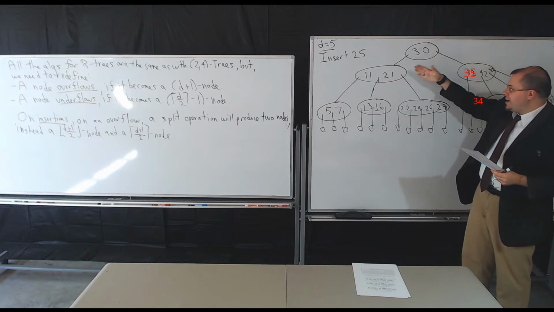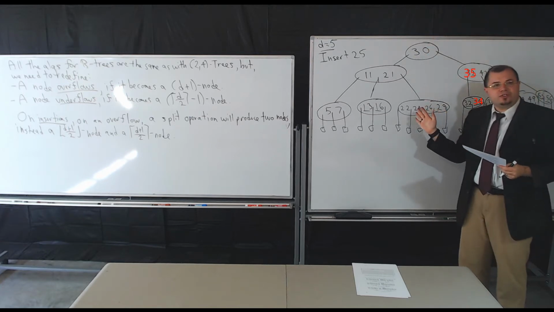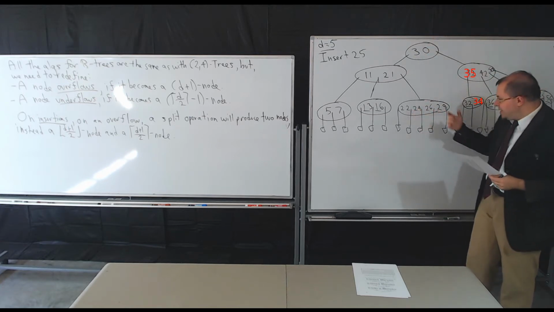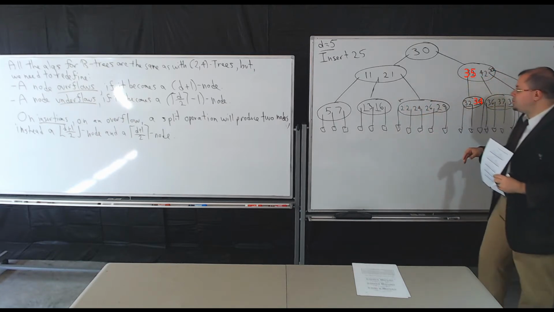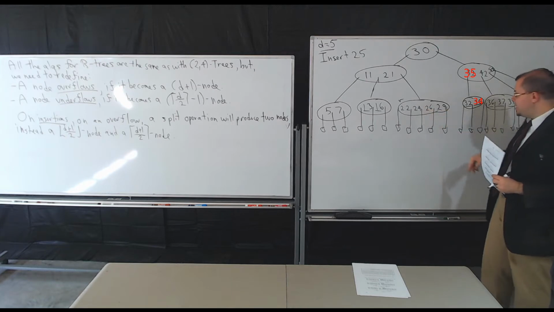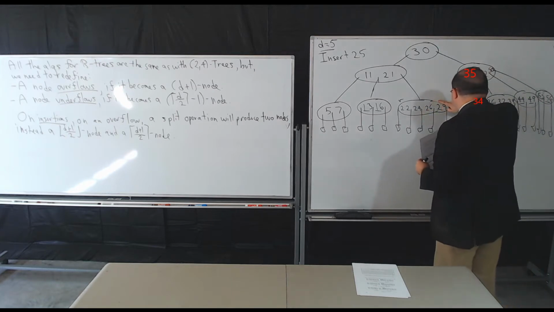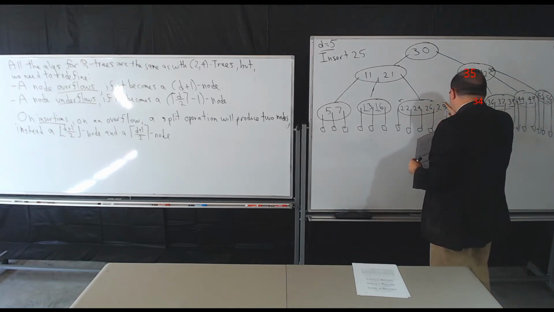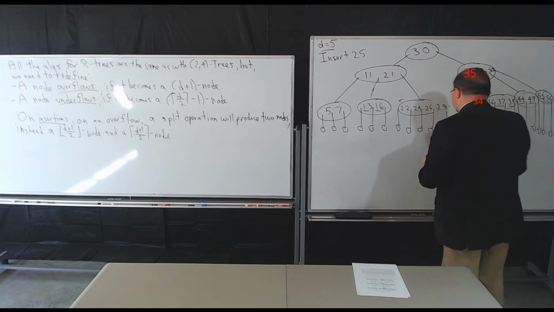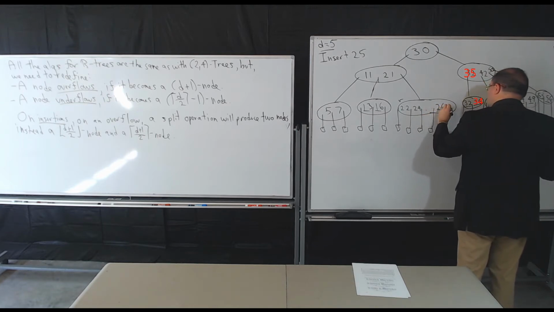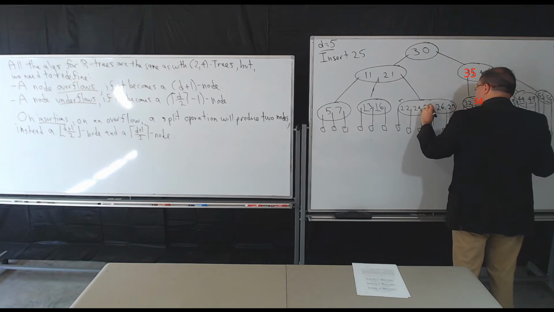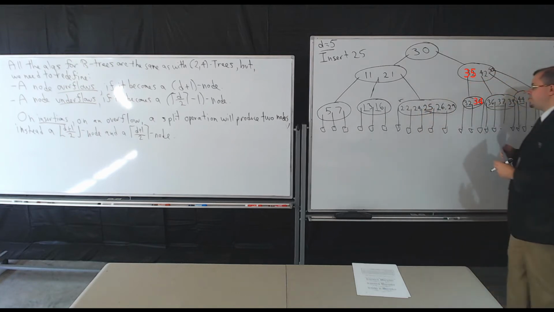I try to find the lowest internal node to insert into. That's right here. I'm going to put 25 in here, so I insert it in. I shuffle everything over, and there we go. So there's 25.